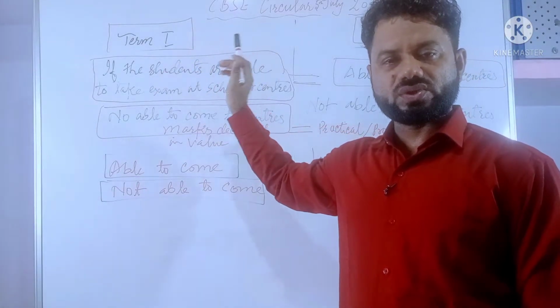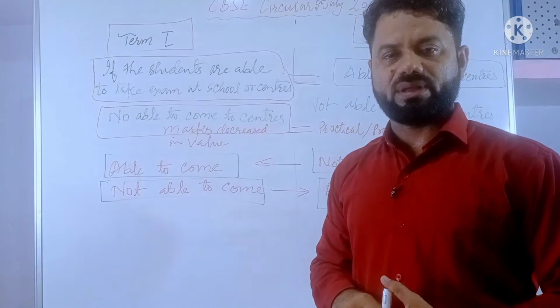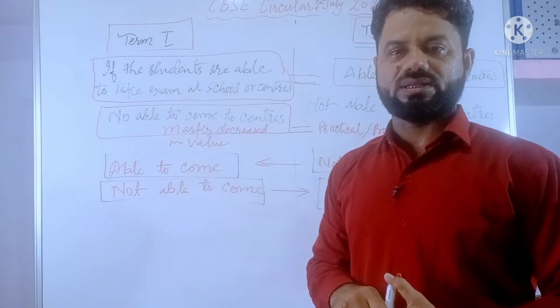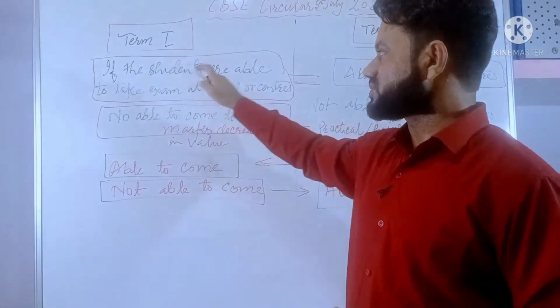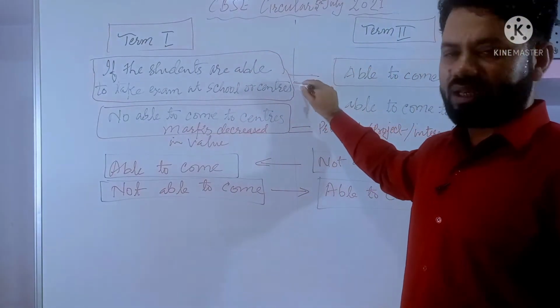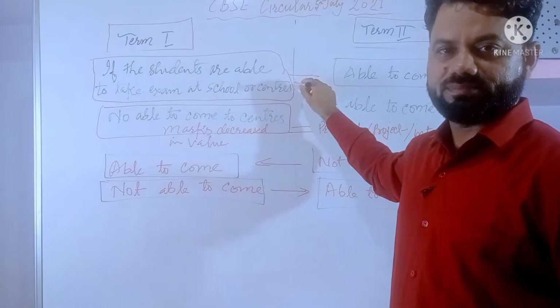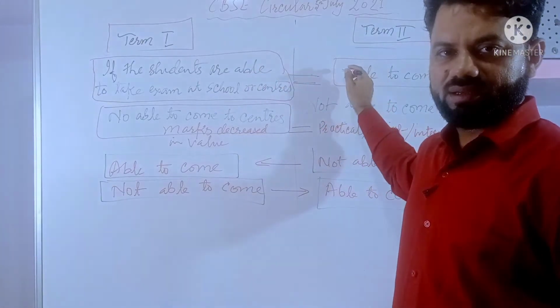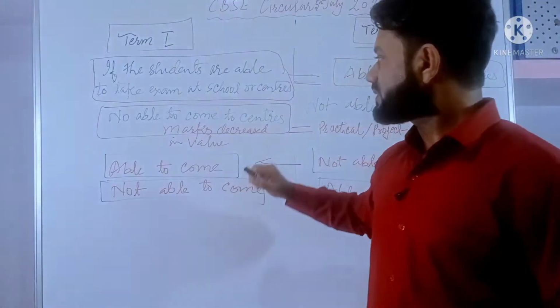If the students are able to take examination at centers allotted by the board, in both the terms, the weightage of both the examinations will be the same. 50-50 makes 100%.